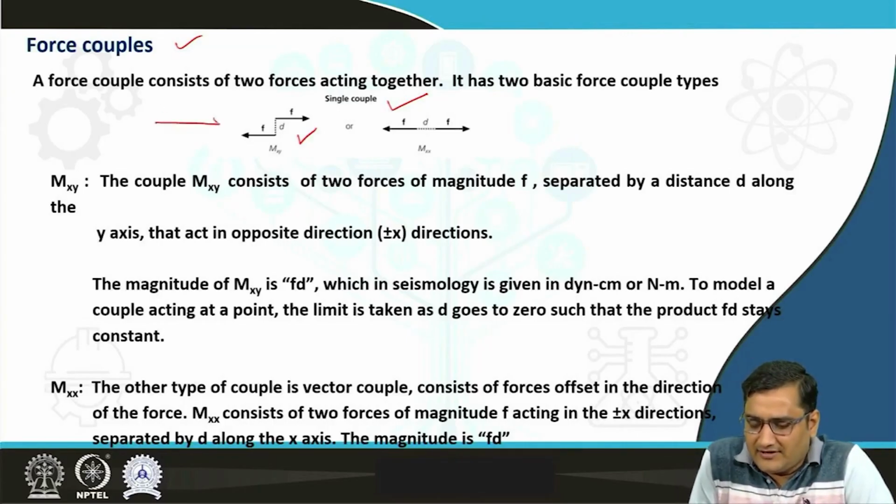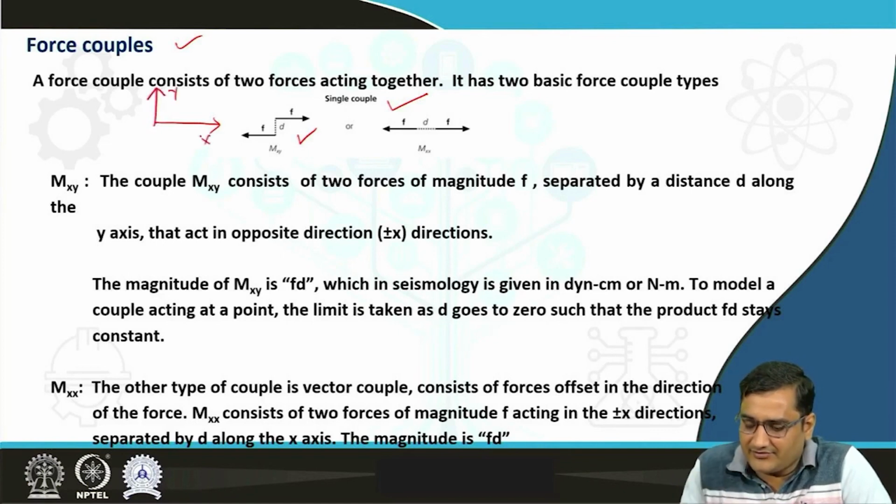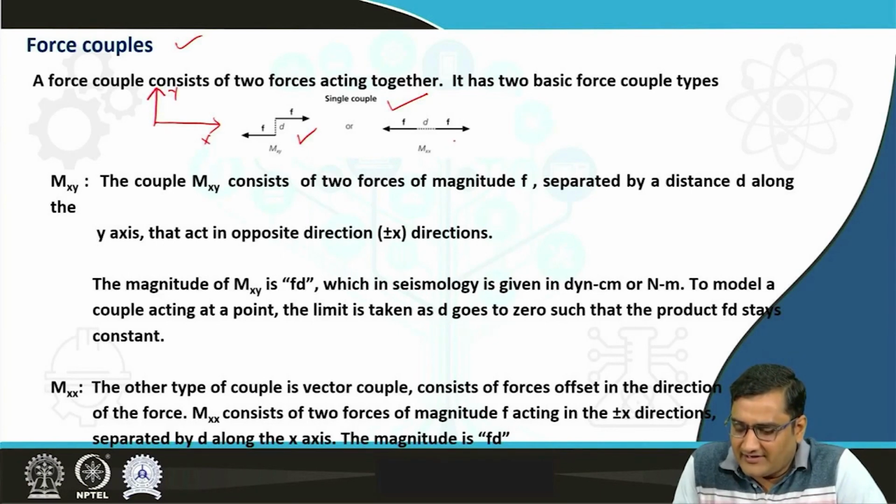So this is your x direction, and this is your y direction. If the forces are acting linearly at a distance d apart on the same x-axis, then it can be represented by Mxx, and this is the off-diagonal moment, that is Mxy.